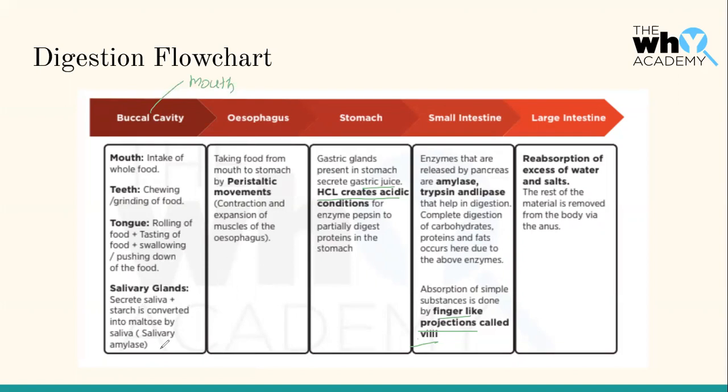Then I told you that you might come across the names of salivary glands. There are 3 salivary glands, but you don't need to know the names in case you read them somewhere. Same thing for the small intestine. The small intestine is divided into 3 sections, namely duodenum, ileum and jejunum. So if you come across these words, do not get confused. Basically, that's all I covered.